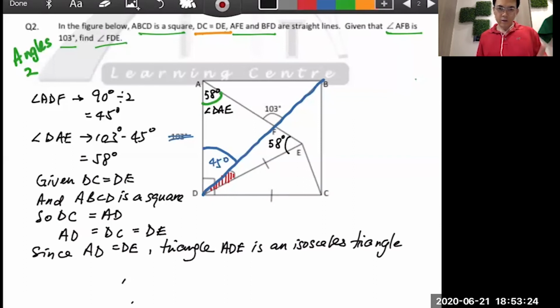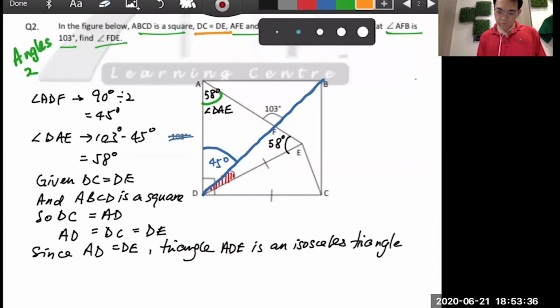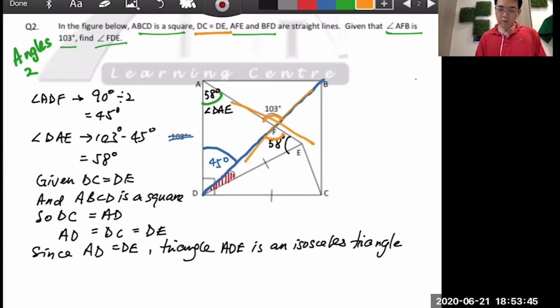Okay, you got that? So with this in mind, then we can solve the red angle that we are looking for. Okay, but perhaps one more step. The other step you want to state is that this angle here is equivalent to this angle here. Why? Because when two lines are straight, the opposite sides have equal angles. Okay, let me illustrate that properly one more time. When two lines are straight, the angles opposite them are equal.